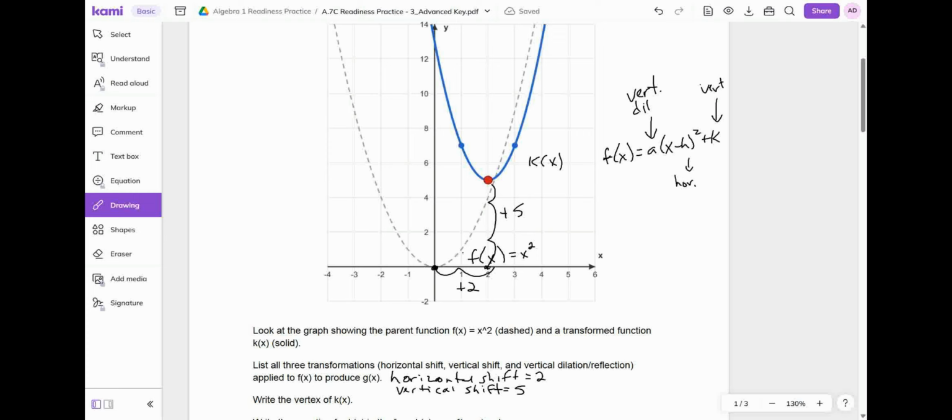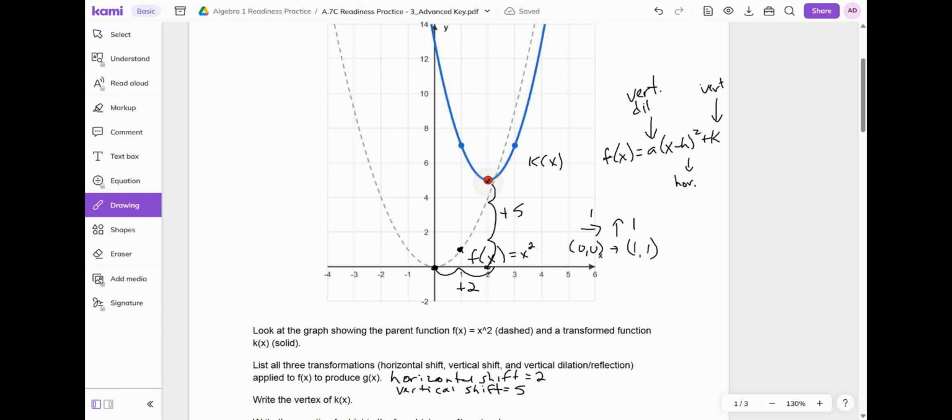When we move over 1 unit in the original f of x, we go up 1. So we go over 1, and then up 1, from 0, 0 to 1, 1. It's pretty simple.